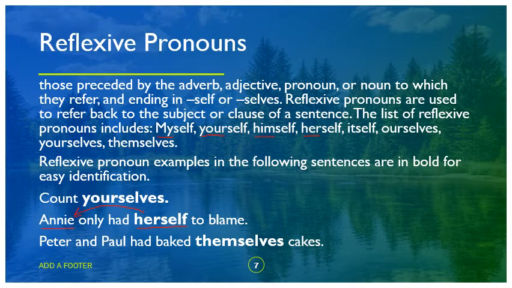Peter and Paul had baked themselves cakes. Now Peter and Paul, these are two subjects here or nouns, Peter 1 and Paul 2. So of course they are plural and we refer to them as them. So they did something that affected their own selves directly. So that is why we use themselves here.